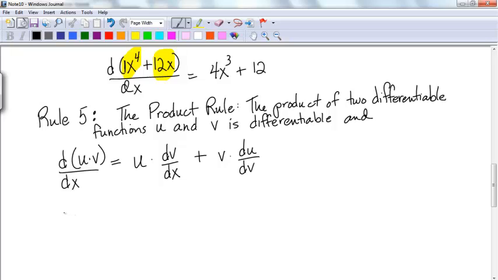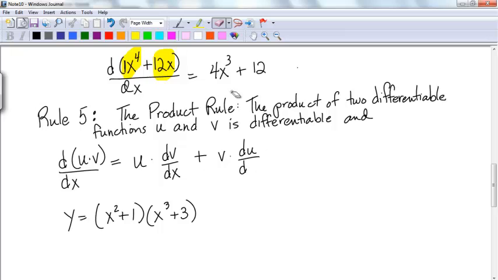Now, I'm going to do this with just the y notation. Let's say I give you y equals x squared plus 1 times x cubed plus 3. The reason you know it's a product rule, yeah. Oh, that's my fault.